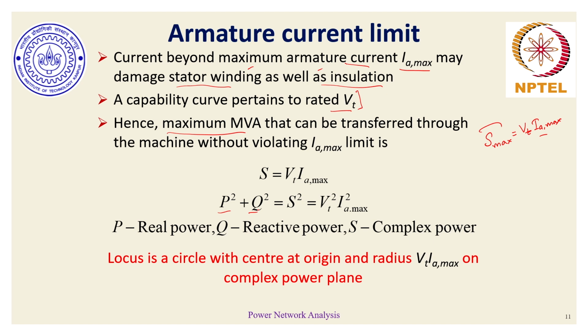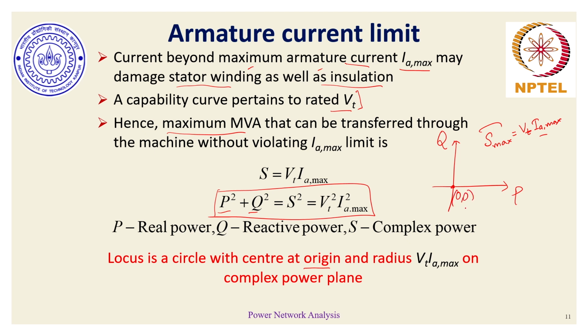So essentially the armature current limit locus, if it were to be observed on a PQ plane, would look like a beautiful circle whose center is the origin. Essentially, if I have P on the X axis and Q on the Y axis, then the center of the circle is the origin.